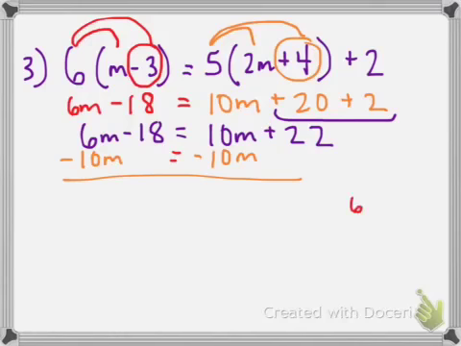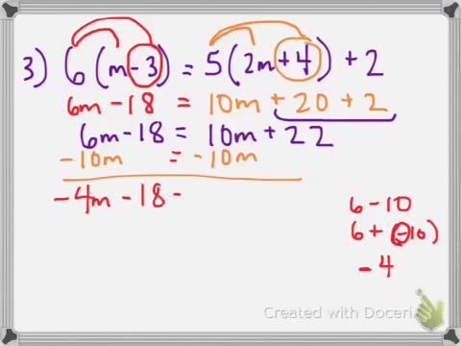So I'll put it over here. 6 minus 10, I keep, change to its opposite. And then I subtract, 10 minus 6, I know is 4. Again, I keep my negative because negative 10 has the greater absolute value. So negative 4m minus 18, keep my equal sign. These will cancel out. This equals 22.